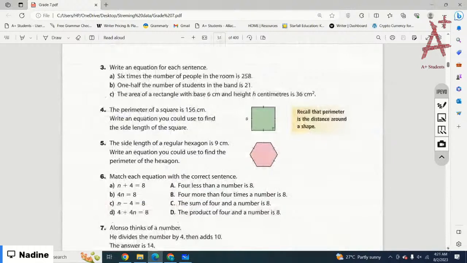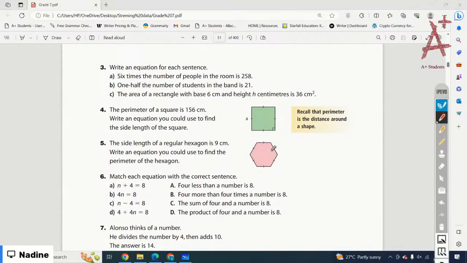So perimeter means you have to add all the side lengths, right? For example, the length of this side is s. This is also s, this is also s, s, s, and s. For the perimeter, you have to add all the side lengths: s plus s plus s plus s plus s plus s. 1, 2, 3, 4, 5, 6.